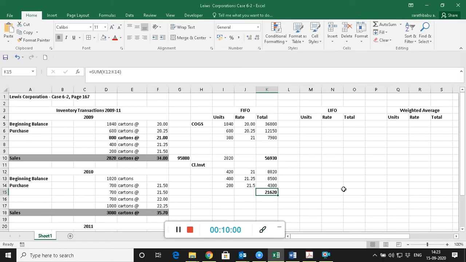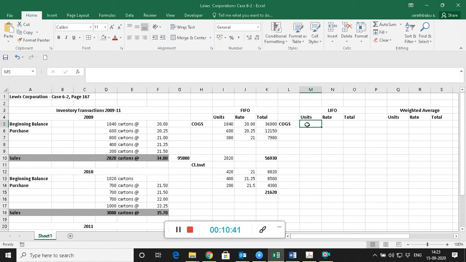As per LIFO method, we are allowed to issue our inventory from the last in first out. LIFO means last in first out. So which is the last lot in this sequence? When I look at that, the last lot here is 200, the next last lot is 400, the next lot is 800 and so on. So whenever I issue inventory as per LIFO method, I issue from the last lot.